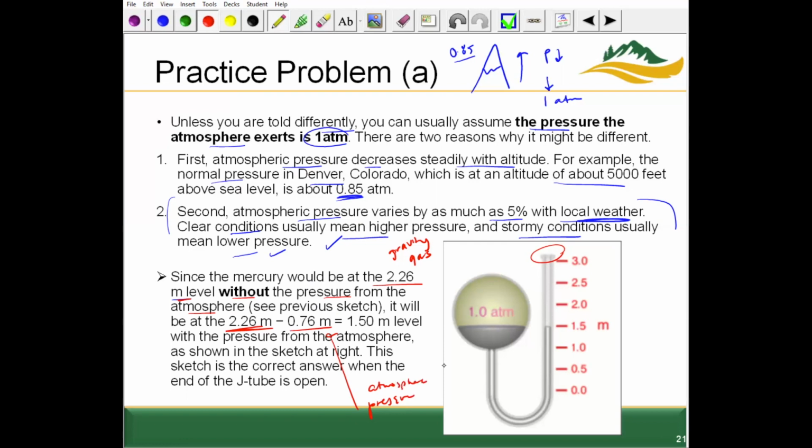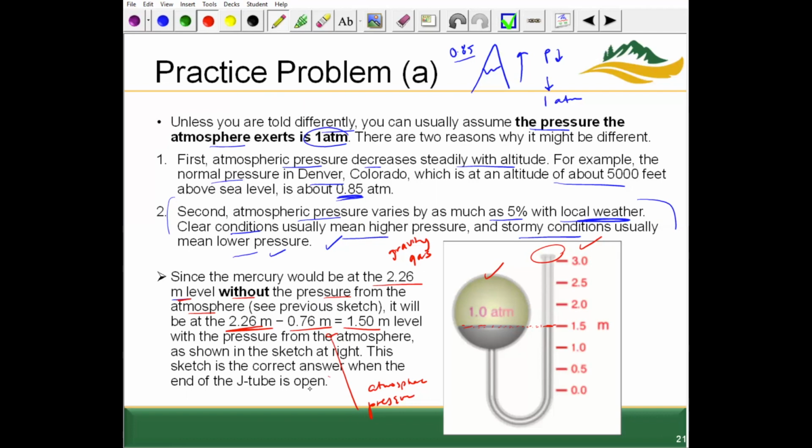That's equal to 1.50. Again, we would expect this because gravity is the only remaining pressure at play, since the pressure in the flask was perfectly balanced with the pressure of the atmosphere. Gravity causes this level of mercury in the flask to be equal with this level of mercury on the right-hand side of the tube.